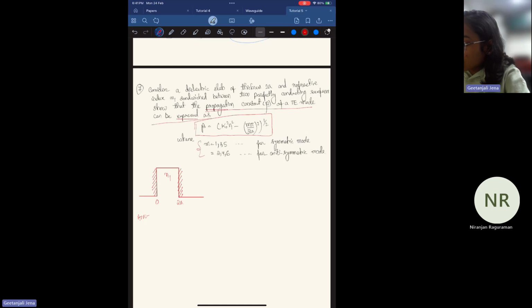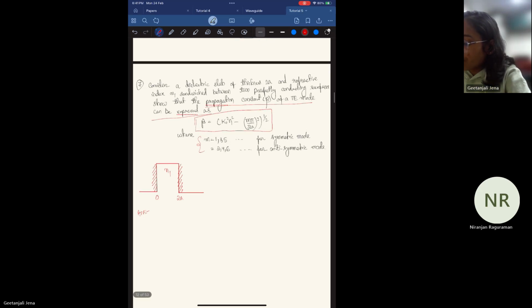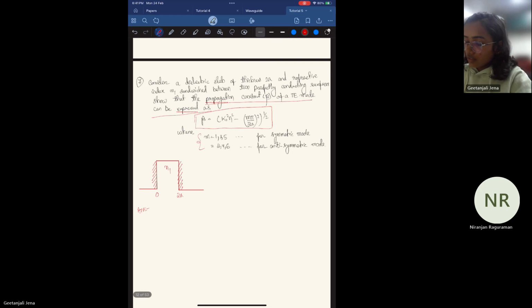And this is the condition given: when m is 1, 3, 5, these correspond to symmetric modes, and when it is 2, 4, 6, these correspond to antisymmetric modes. So we need to find out the value of beta.